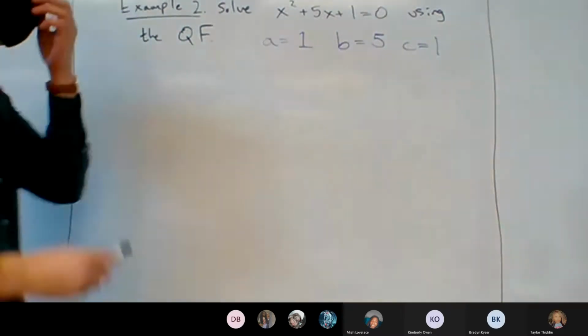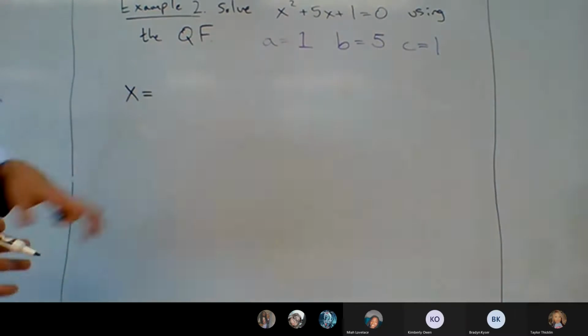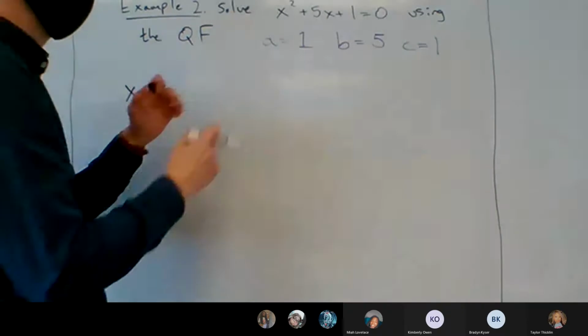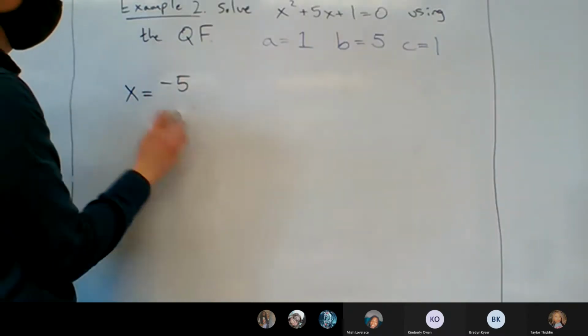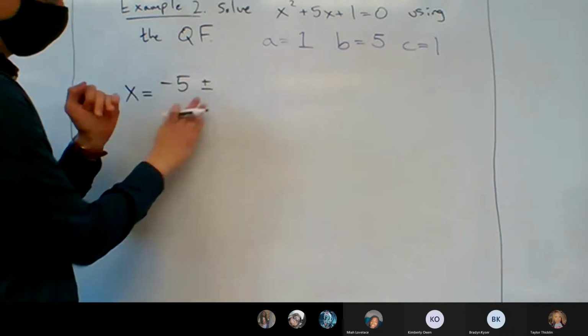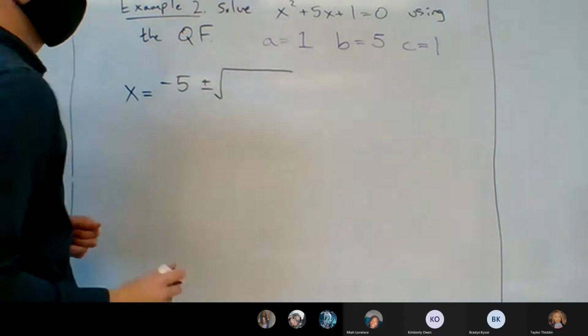Okay. So here we are. I'm going to solve this in a slightly different way this time, just to show you how both solutions can be compacted into one. So this time I'm going to say negative b, so b is 5, so negative 5. Now I'm going to put both solutions together here by stuffing that plus or minus sign together, plus or minus, and then square root.